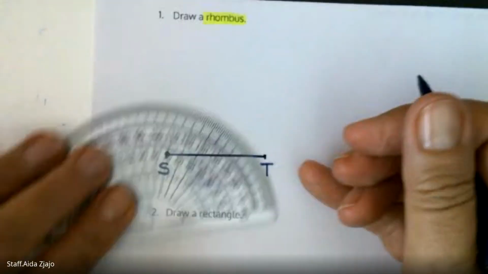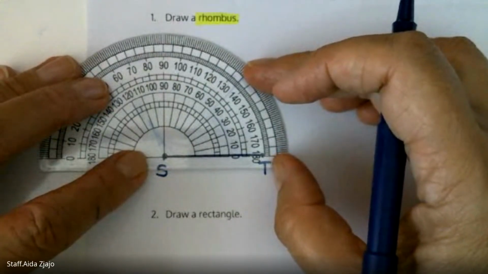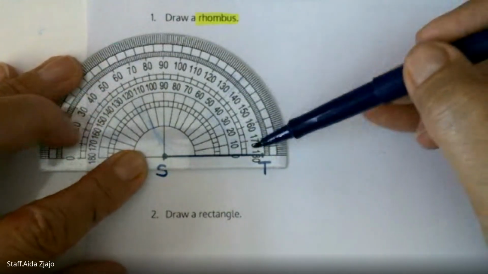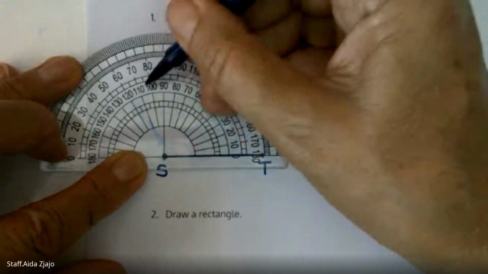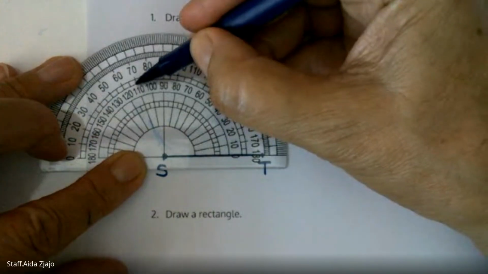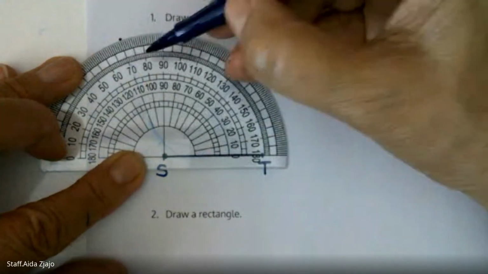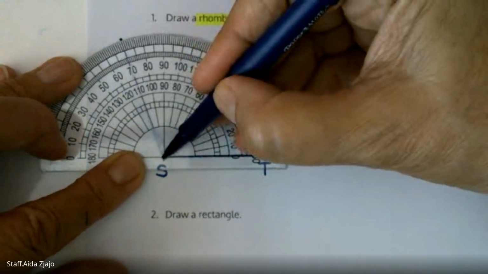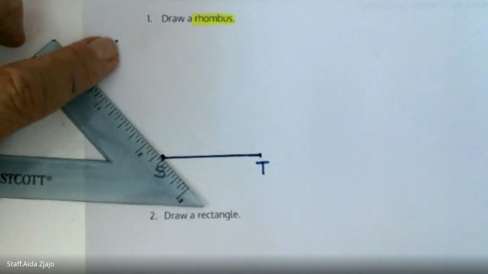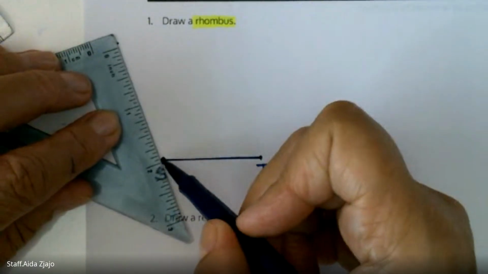I'm going to choose one of the angles to be obtuse. And that obtuse angle could be, here's my 110. I choose the 110. So if I put the dots there, it shows me that this is a 110. It's a point, so I don't need it all the way to the edge. I only need 4 centimeters.